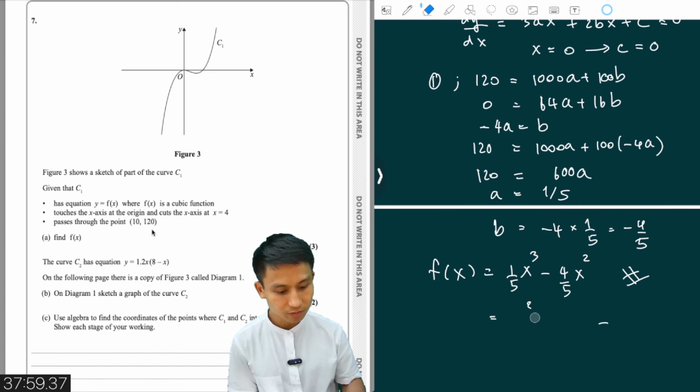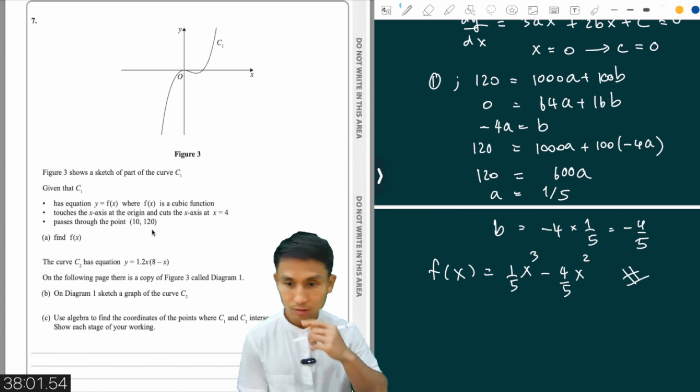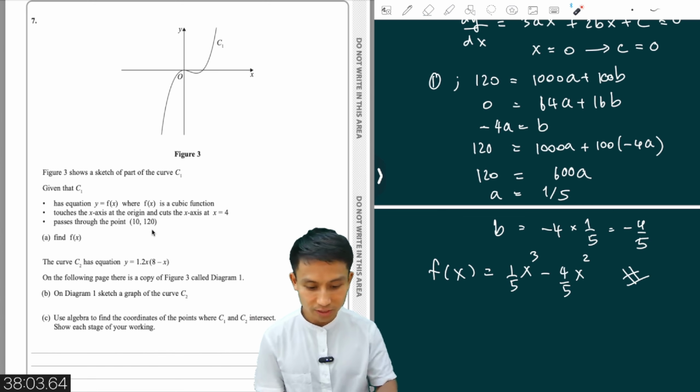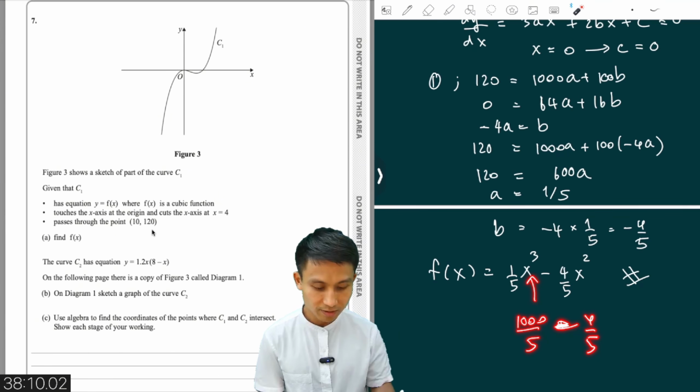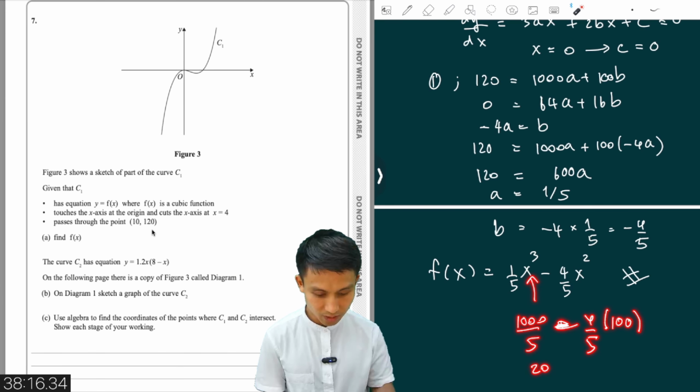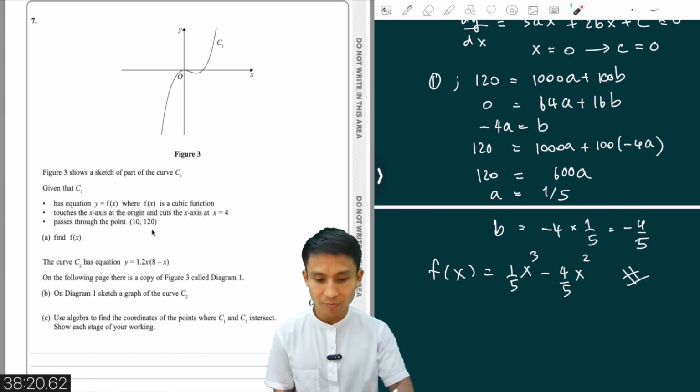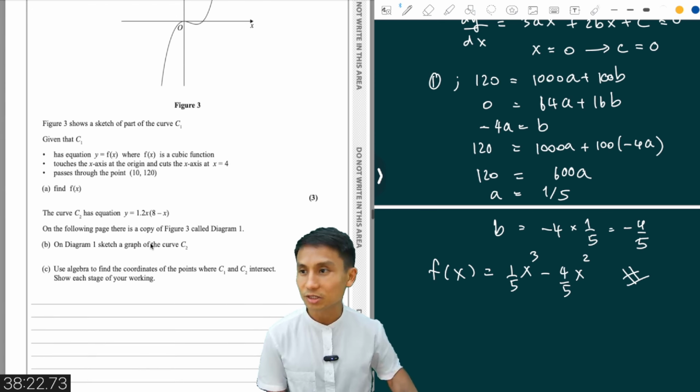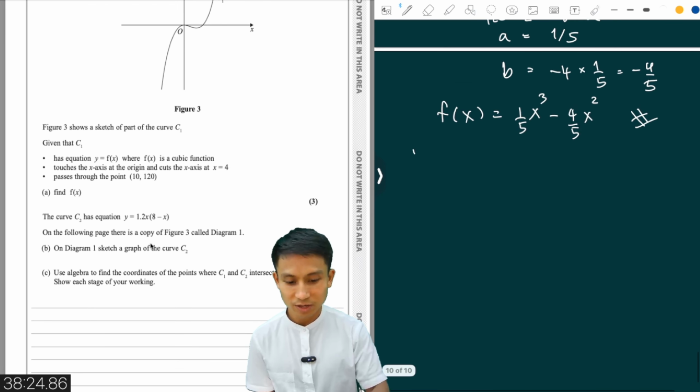So there you go. Let me check with x equals 10 and 20. If I put 10 here, this is 1000 over 5 plus minus 4 over 5 times 100. So 200 minus 80, that's 120. I'm happy with that, just checking the equation works, because we have time here.